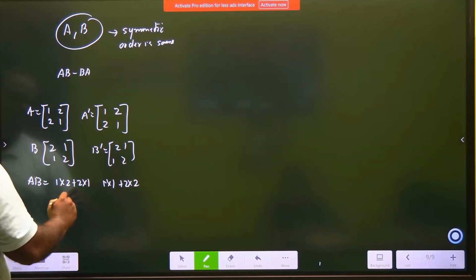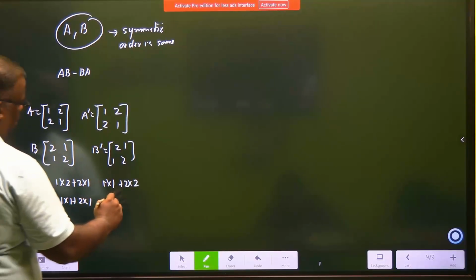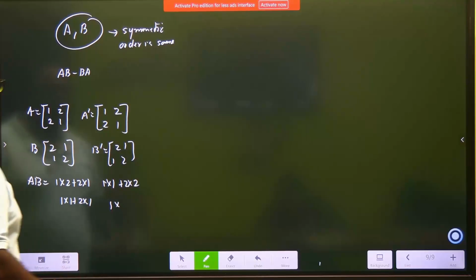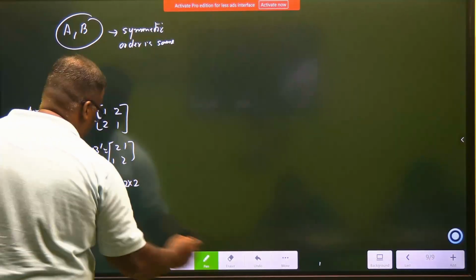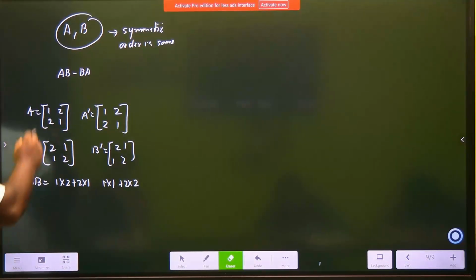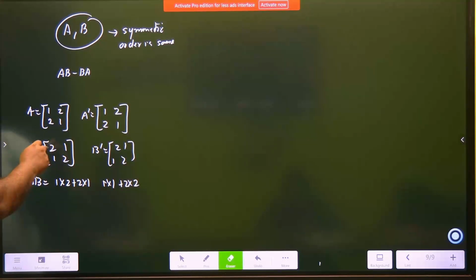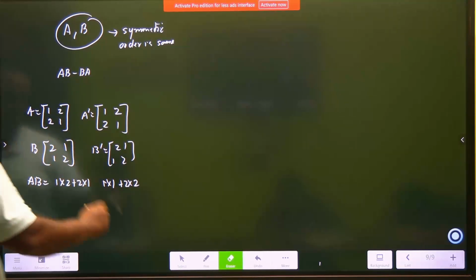Then, sorry, I made a mistake. Row 1 into 2 plus 2 into 1, 1 into 1 and 2 into 2. Okay, pretty fine.